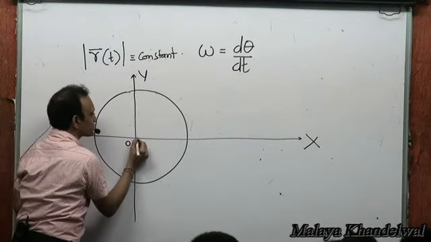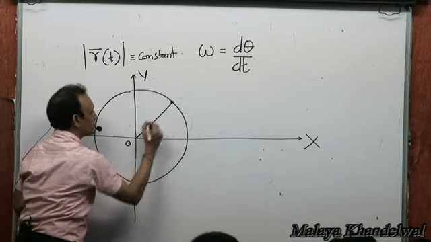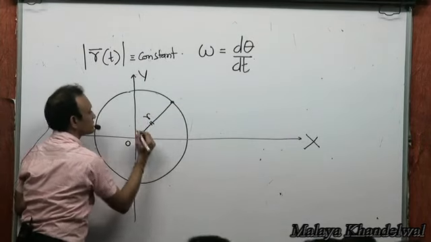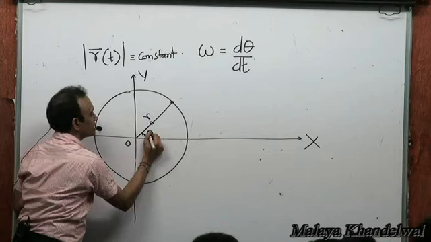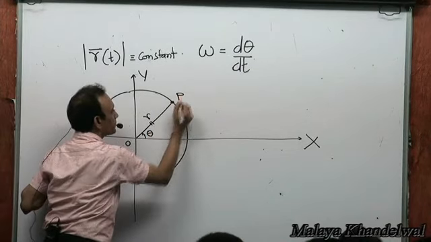At any given instant of time, radius of the particle is R, this angle is theta, the particle is at P.